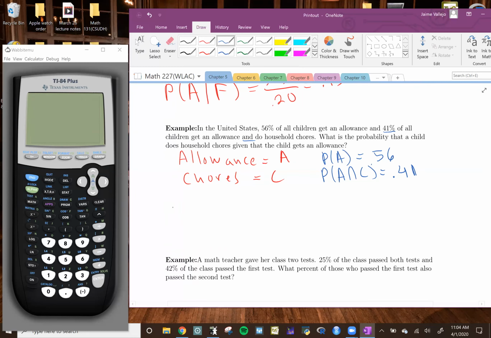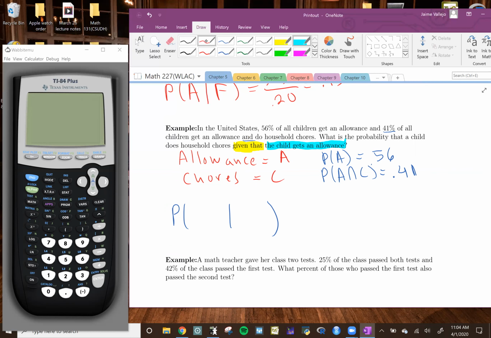All right, so up next, we're going to find the conditional probability. It says, what is the probability that a child does household chores given that the child gets an allowance? Once again, we have the words "given that." Anything that comes after that is our condition.